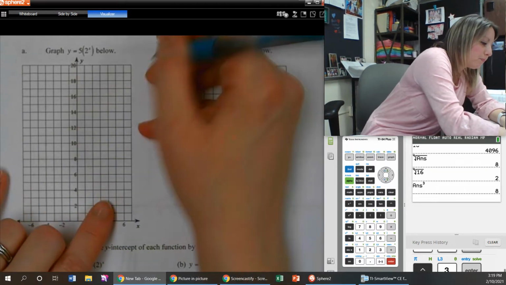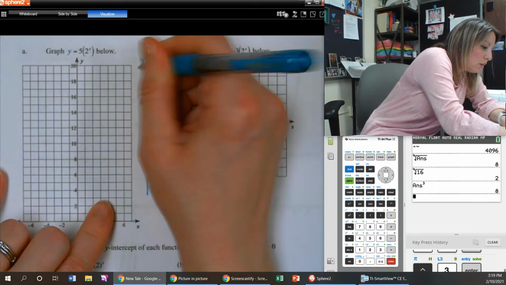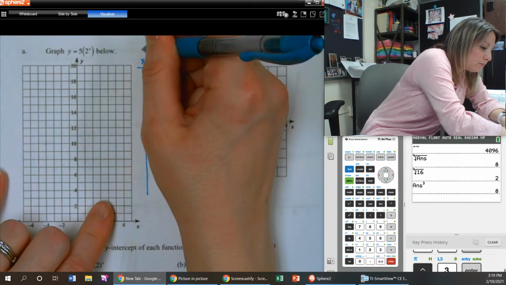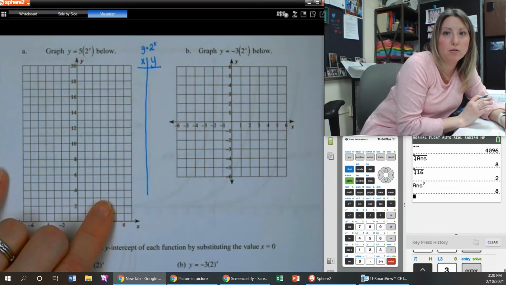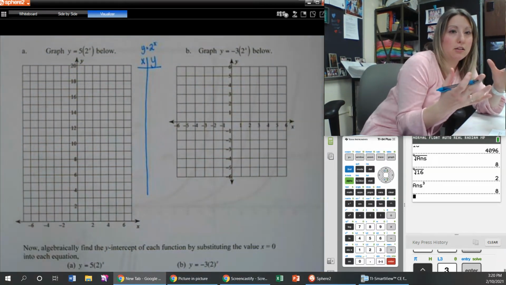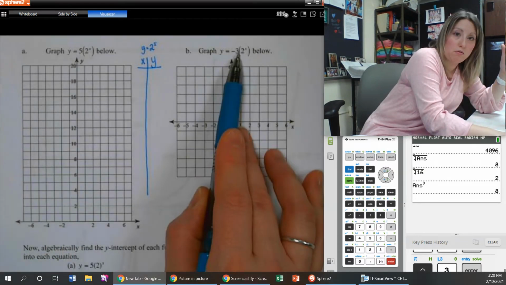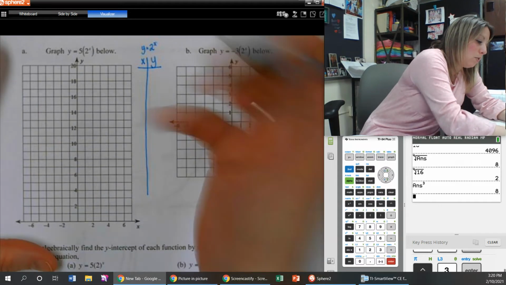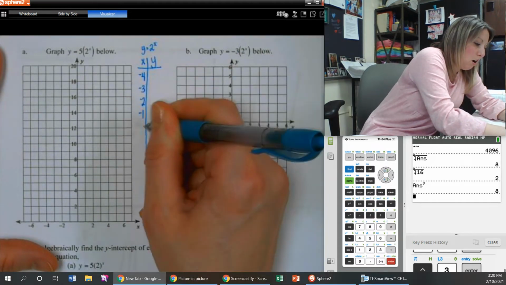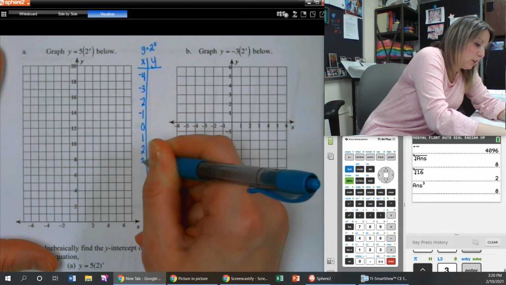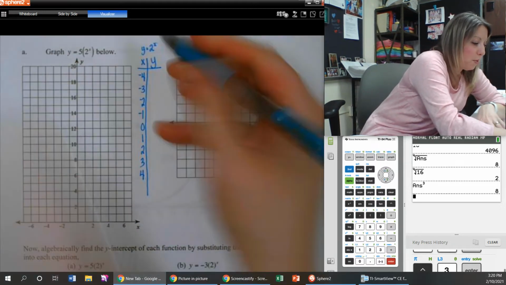So really, let's do this. Let's take the table from y equals 2 to the x power. And then let's expand it to have this one and this one. Okay. So we had -4 all the way up to and including +4. Now what we're going to do is just reiterate what we had on the other side.